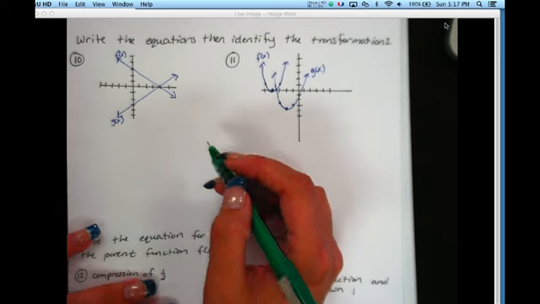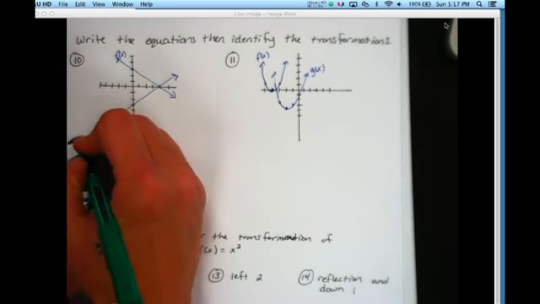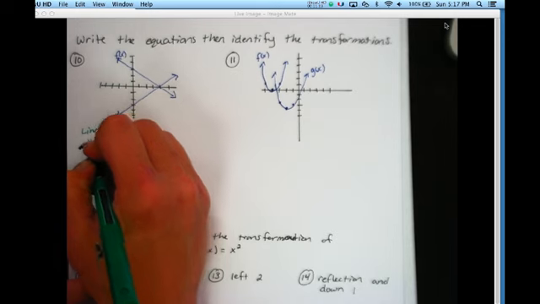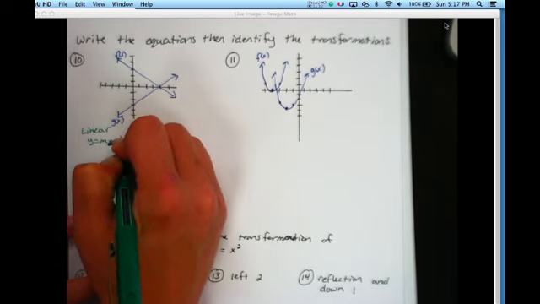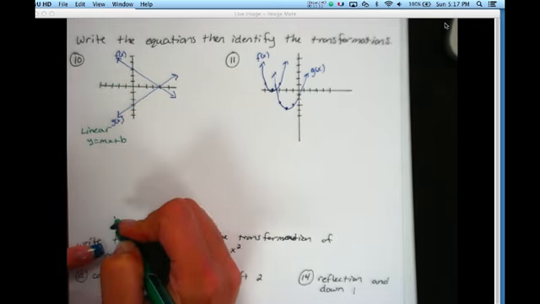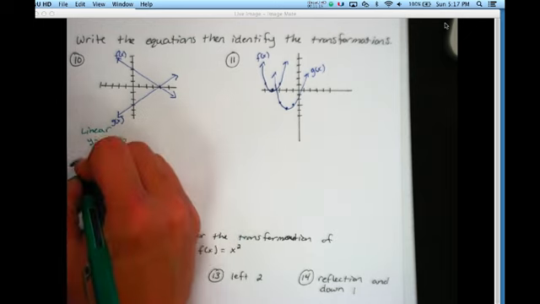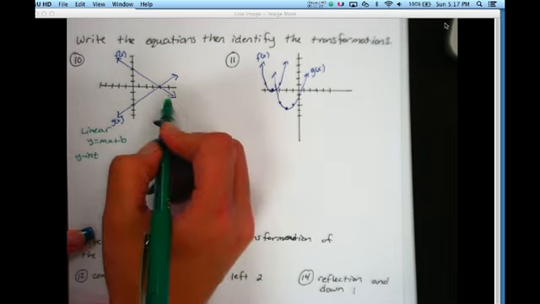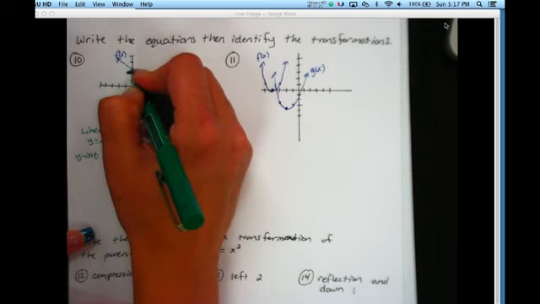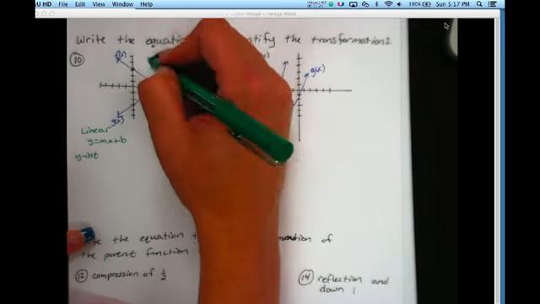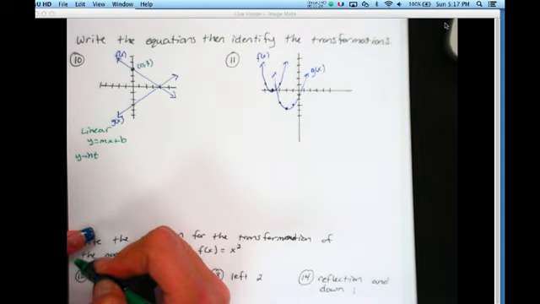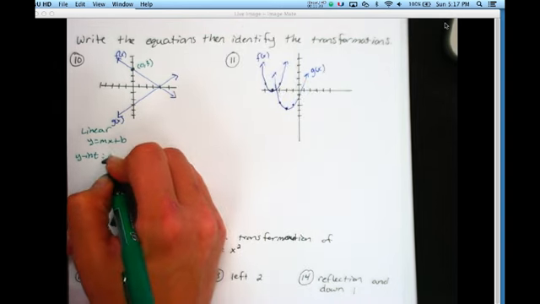So if we start with f of x, we should be able to tell that this is going to be a linear set of equations. So that means we're going to be dealing with y equals mx plus b. So I want to find my y-intercept. So for f of x, I'm looking at this line right here, my y-intercept is right at this point at 0, 3. So my intercept then would be a positive 3.